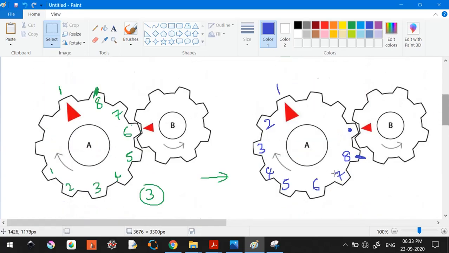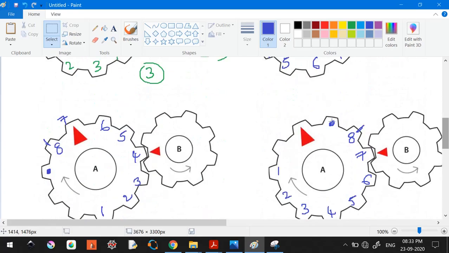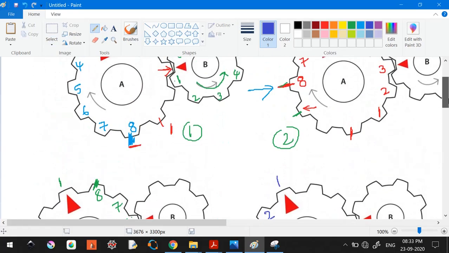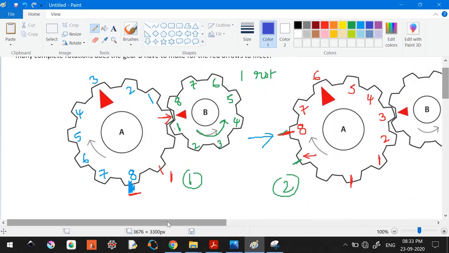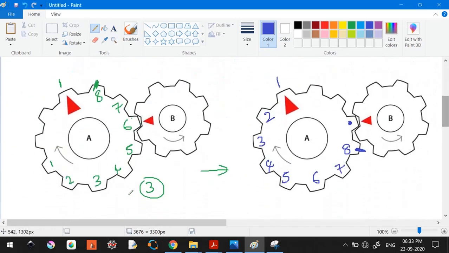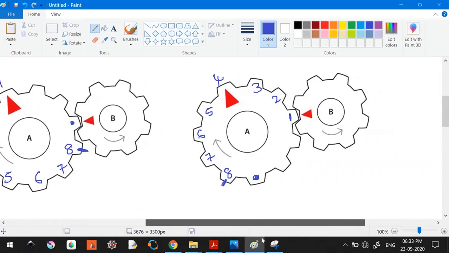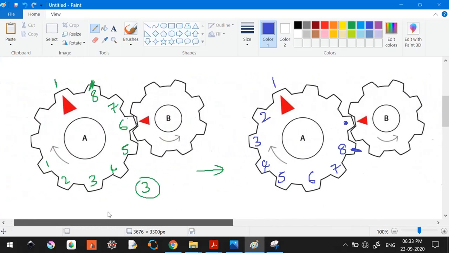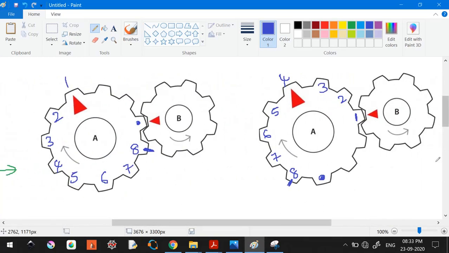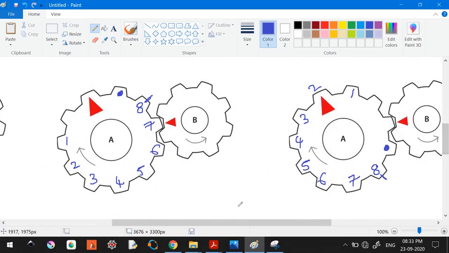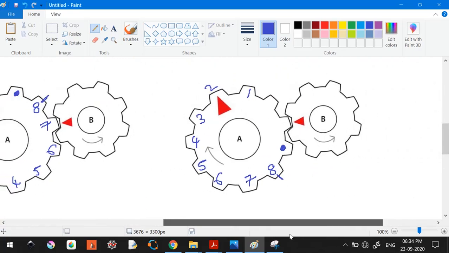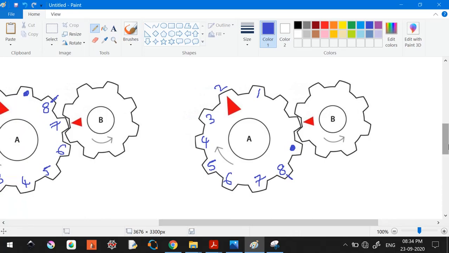Yeah, from here I should start. So it is behind this. Did we come across the same configuration earlier? No. Okay.